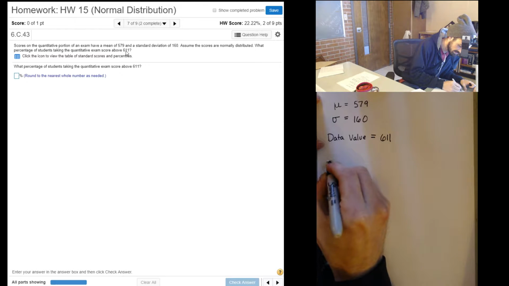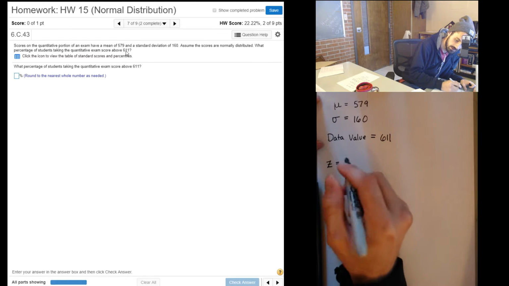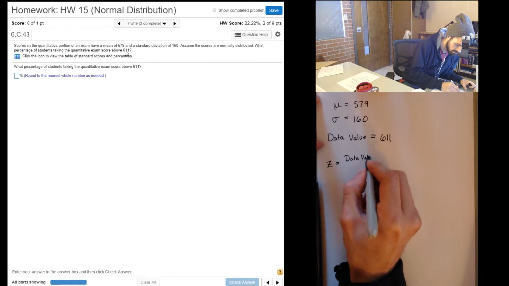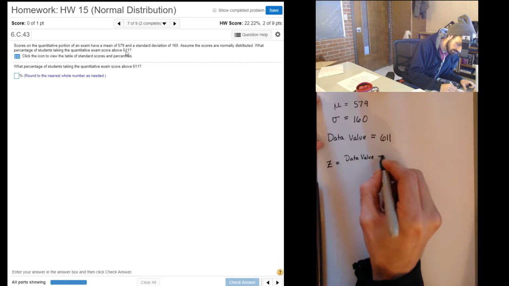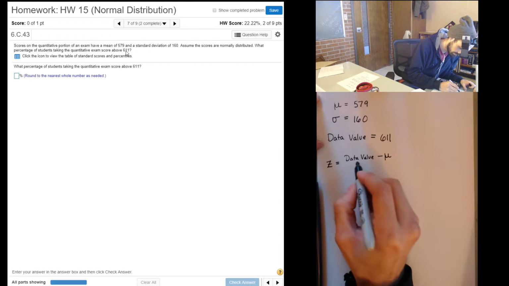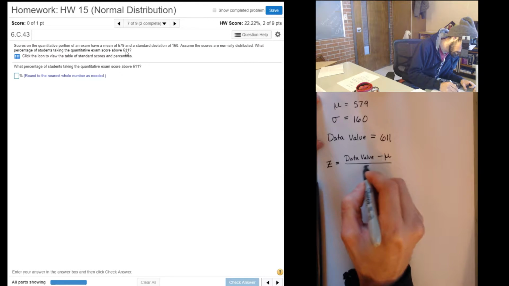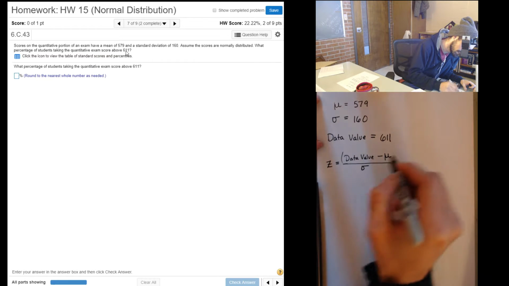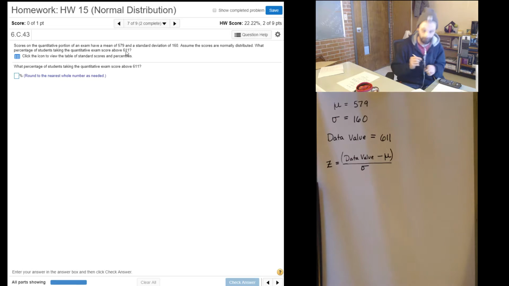So your z score is equal to your data value, subtract off the average and divide that whole thing by sigma. Again, if you want to push this into your calculator in one step, be sure to have parentheses in your numerator.